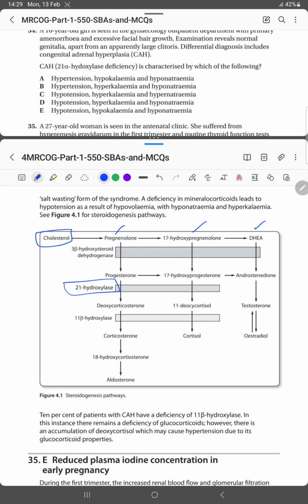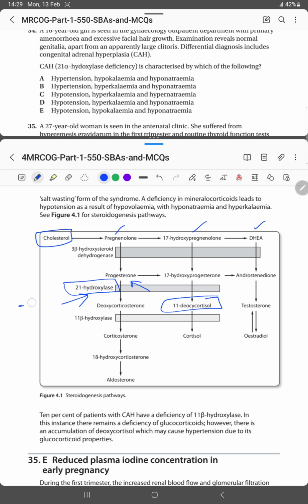After the action of 3 beta hydroxysteroid dehydrogenase, progesterone is produced, and after that the 21 alpha hydroxylase enzyme acts on the progesterone. It converts the progesterone into deoxycorticosterone and 11 deoxycortisol, and then 11 beta hydroxylase acts to form corticosterone, then 18 hydroxycorticosterone, and then aldosterone.